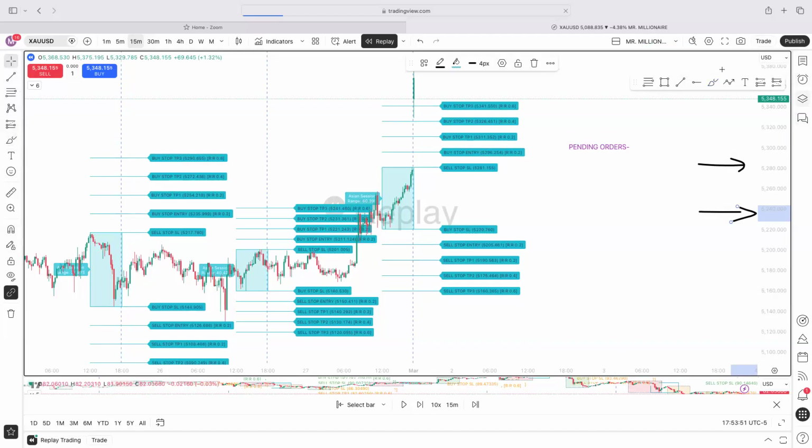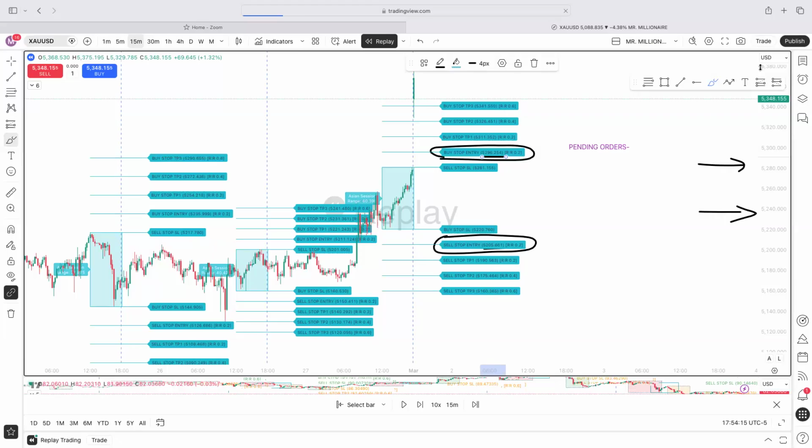Right here, PipJuice is going to give you two things. They're going to give you a buy stop entry and a sell stop entry. And right next to it, you're going to see some prices. With the sell stop entry, you see 52.05.661. And for the buy stop entry, you're going to see 52.96.254.